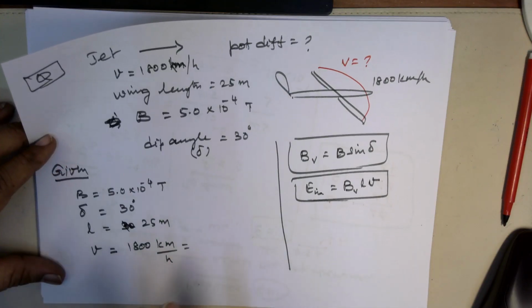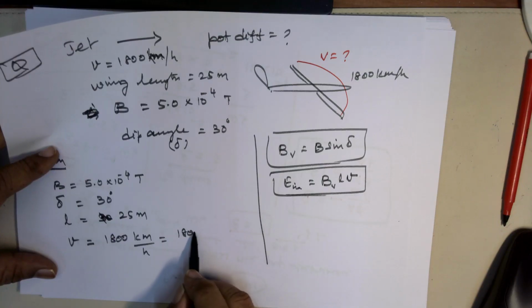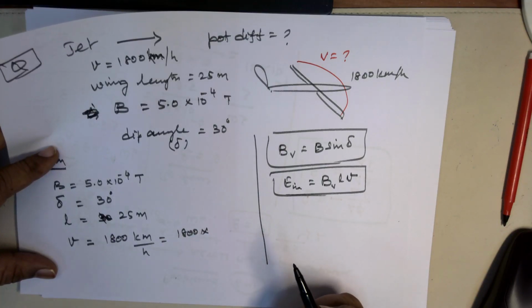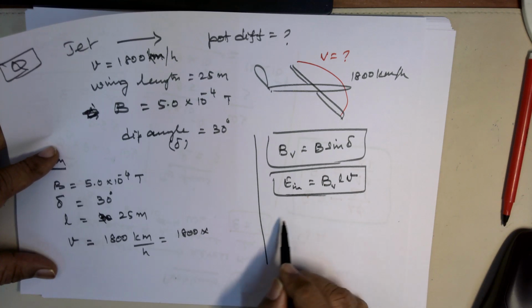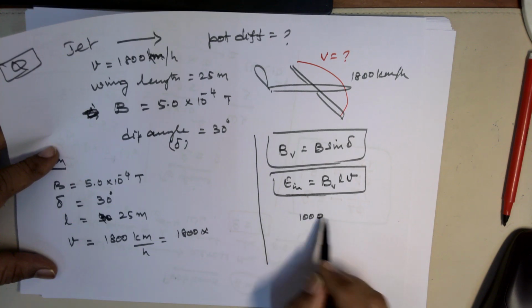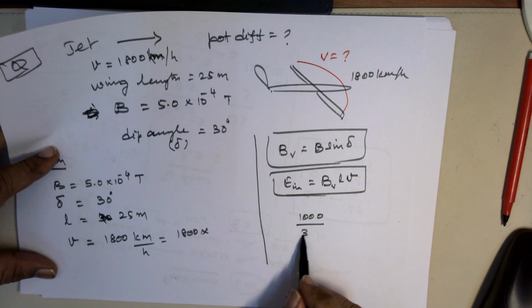It should be converted into meter per second because these are all in meter. So 1800 into 5 by 18. Do you know that factor? See, 1000 meter is equal to 1 kilometer, divided by 3600 second, which is 1 hour.